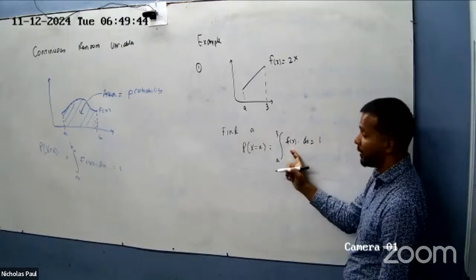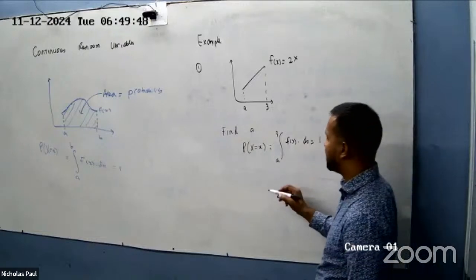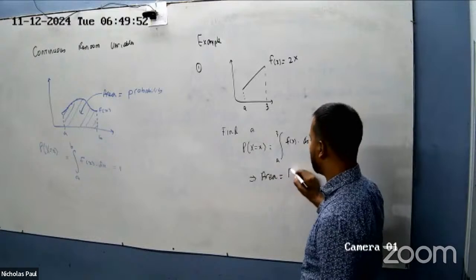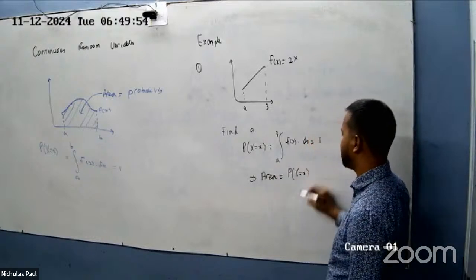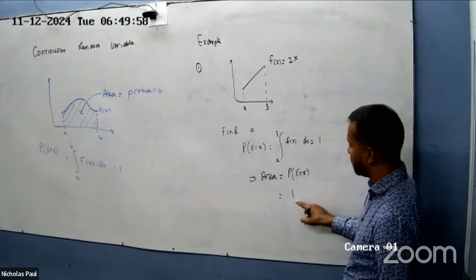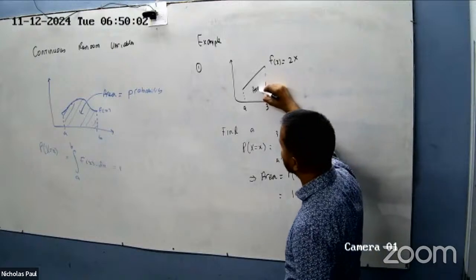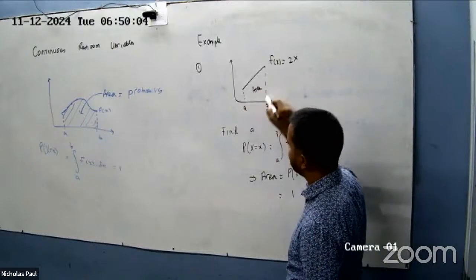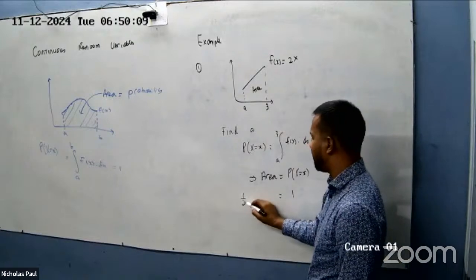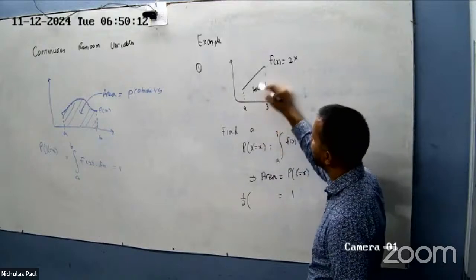If you can integrate, that's a way to do it. But here's the thing: the area is also equal to the probability. Since the probability is 1 over this range, I could find the area in here, and this should be easier. It's half the sum of the parallel sides, by the height.